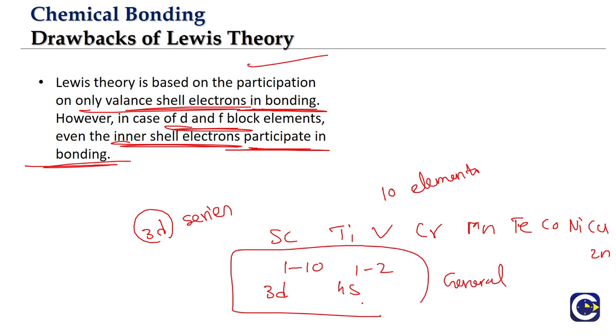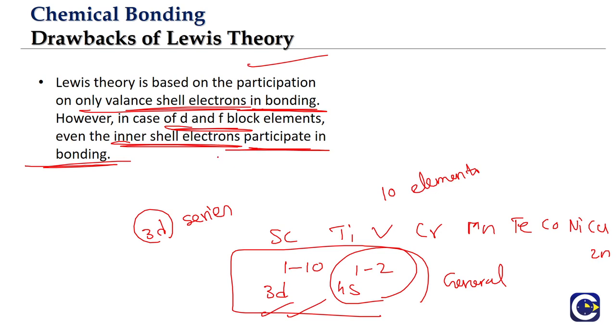So the 3d series elements will not only be able to engage the 4s, because the 4th shell is the outermost shell for them. They will not only be able to engage the electrons of the outermost shell, but they will also be able to engage the inner d subshell electrons.